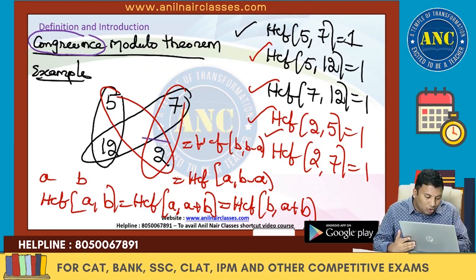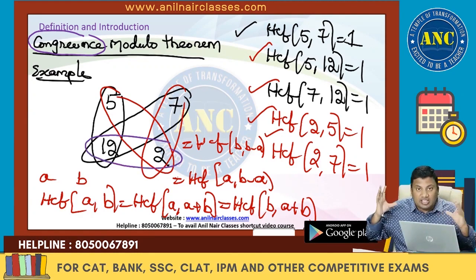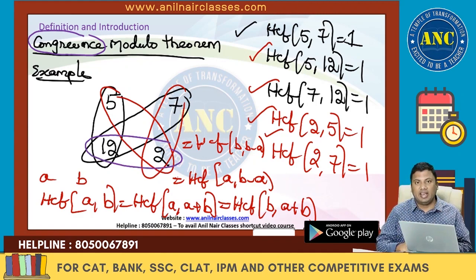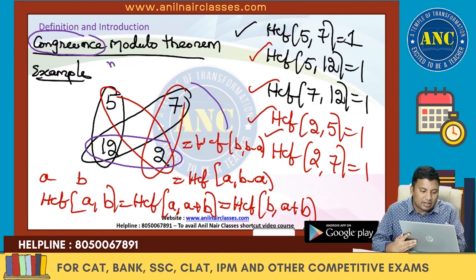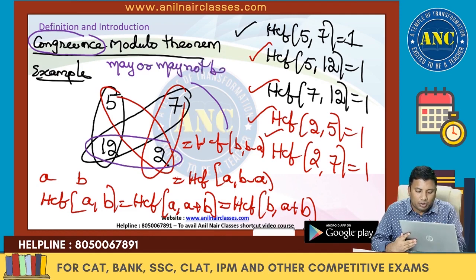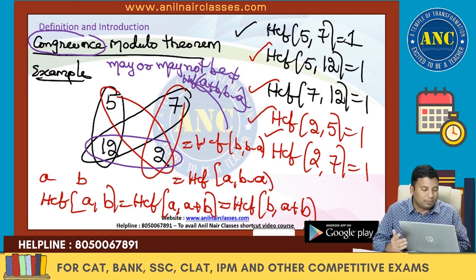But if I do both, which is A plus B and B minus A, what is HCF of 12 and 2? 12 and 2 HCF is 2. But according to the question, 5 comma 7 has to be 1. It may or may not be equivalent to the HCF of A plus B comma B minus A.